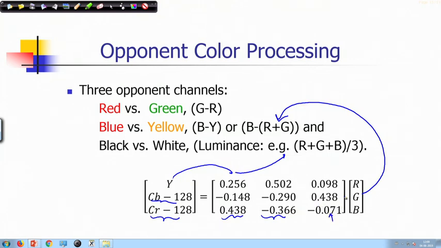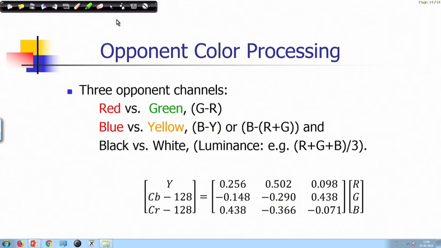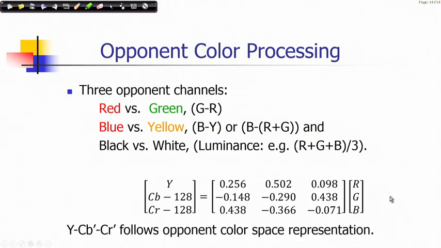So the YCbCr model was also motivated by this representation of opponent color processing, and it is used heavily in various applications. Here Cb prime and Cr prime are represented as Cb minus 128 and Cr minus 128 in this slide.